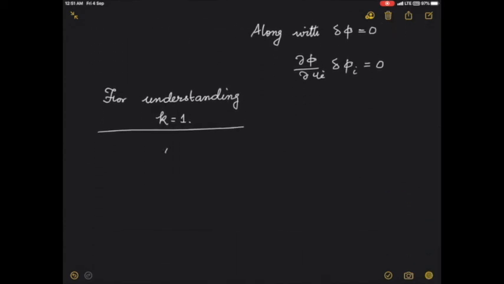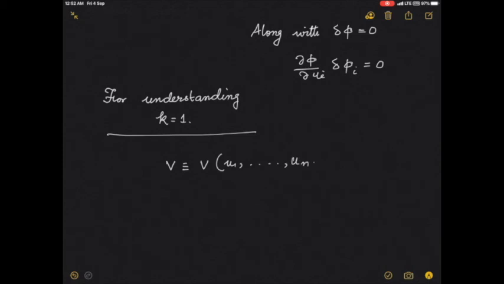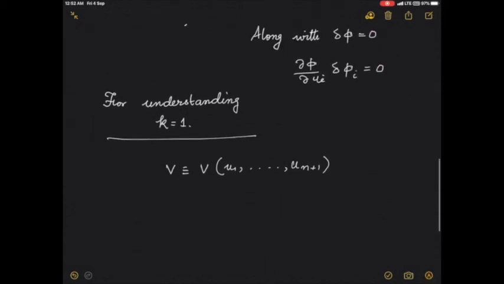So how do I write that? Let me rewrite things again. So I have v, which is a function of u1, u2, now it could have been un, but I have one extra, and I have phi. I have only one phi because I have k equals to 1, which is a function of, again, all these coordinates.